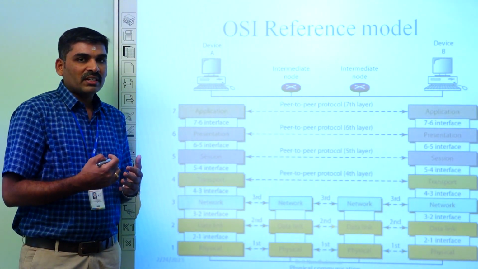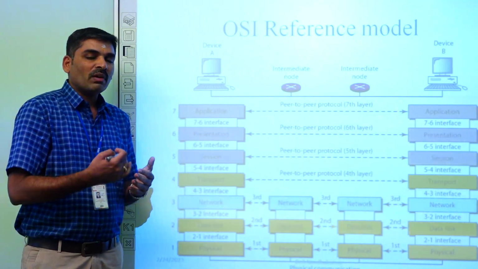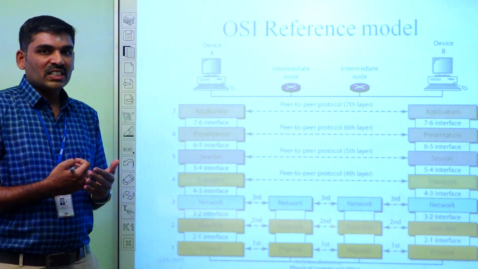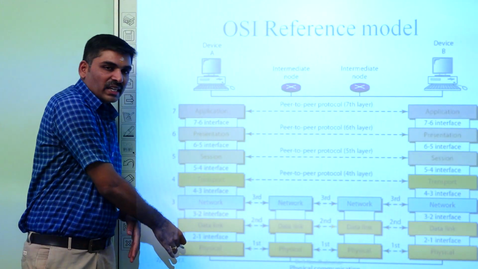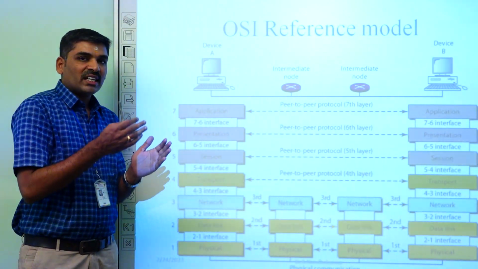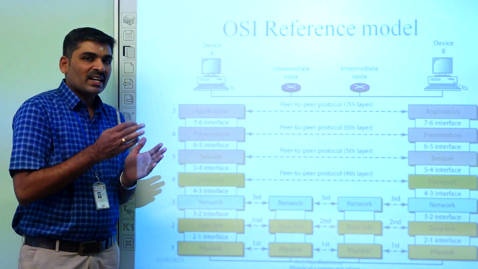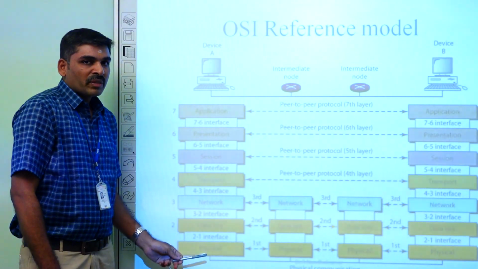What bandwidth is taken for transmitting information from sender to receiver, and what type of signal it receives, whether an analog signal or digital signal. All these conditions are handled by the physical layer. And it checks whether the data is to be transmitted in parallel mode or serial mode. So parallel communication or serial communication. So these are the responsibilities of the physical layer.